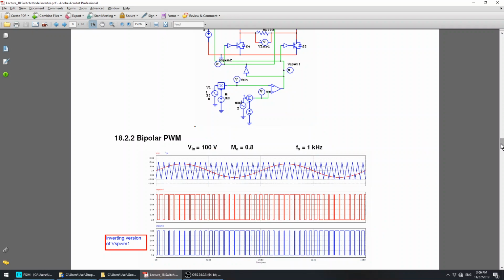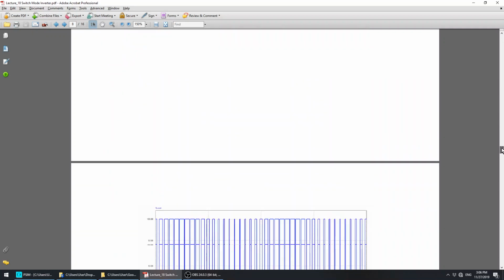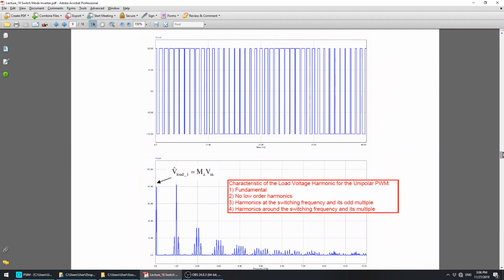So then if you want to know what the voltage across the load is, we just think of whenever S1 is on, S2 is off, there will be a positive voltage across the load. Whenever S2 is on, S1 must be off, and therefore across the load we will see a negative voltage. So therefore this will be your output voltage. Okay? So totally different from the unipolar PWM.